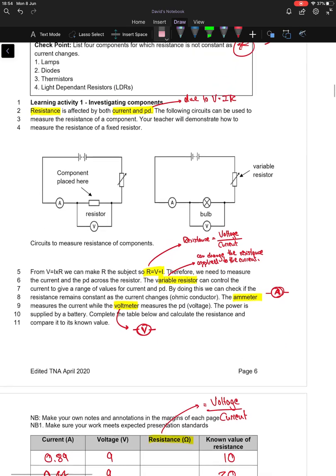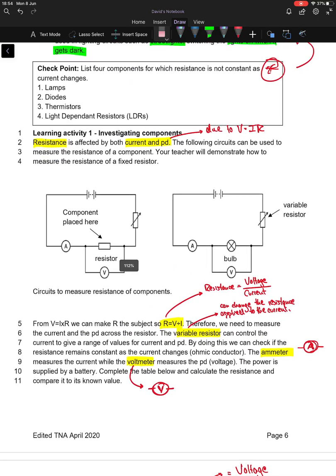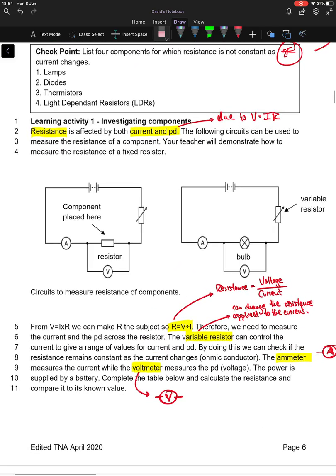Right. Let's have a little look at this. Where we might have a practical that you could do in class, here we obviously can't do it in class, so we're going to walk through it step by step. So, investigating components. Resistance is affected by both current and potential difference. We know this because of the V equals IR relationship.